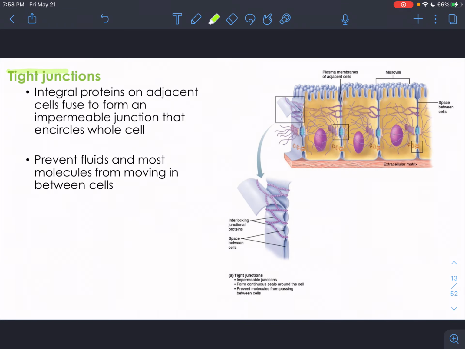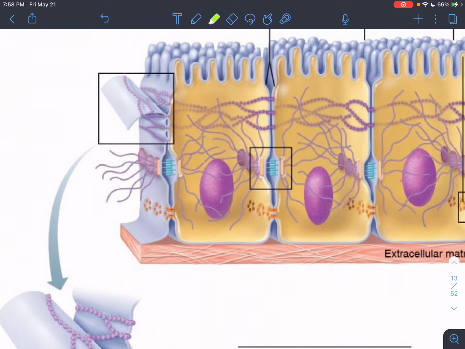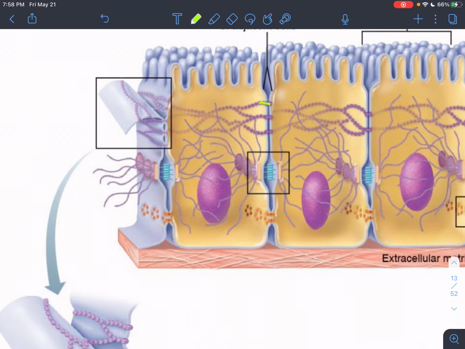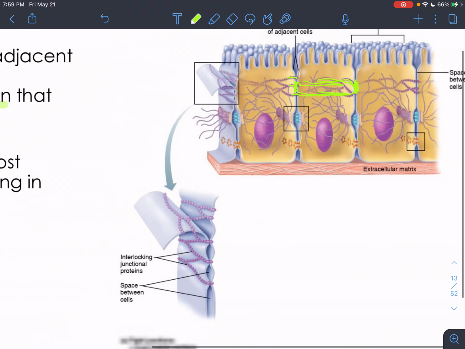So the first one is our tight junctions, and the name kind of tells you what it is. It is forming an impermeable junction between cells. It's kind of hard to see here, but these little purple guys would be where you're forming your tight junctions, and it's going all the way around the cell. So this cell would be connected to the cell to its right, to its left, the cell behind it, and the cell in front of it, if you will.